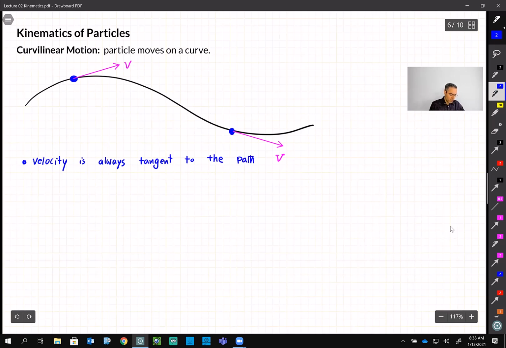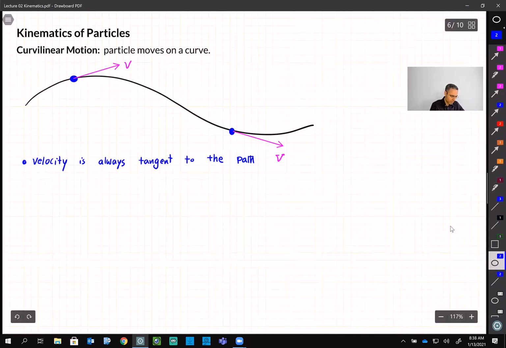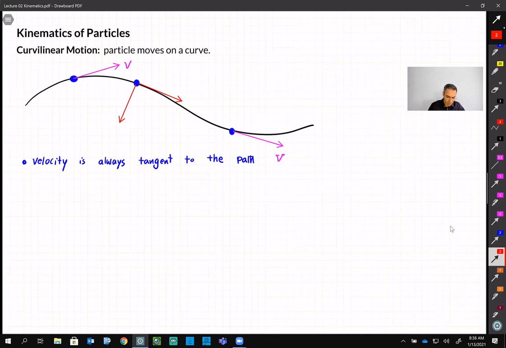All right, what about acceleration? Unlike rectilinear motion, acceleration now can have two components, normal and tangential. Let's say the particle is at a certain point, maybe this point. It's going to have one tangential component, tangent to the path, and one normal component, which is perpendicular to the tangential component.